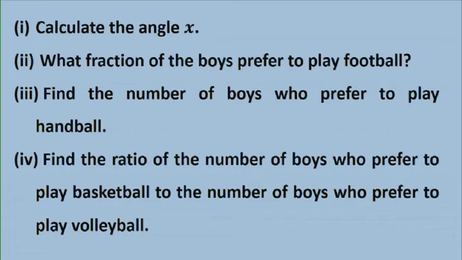Second part, what fraction of the boys prefer to play football? Third part, find the number of boys who prefer to play handball. And fourth part, find the ratio of the number of boys who prefer to play basketball to the number of boys who prefer to play volleyball.